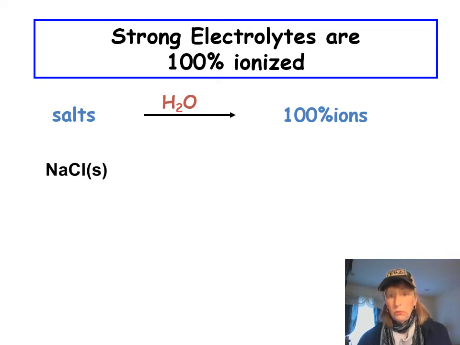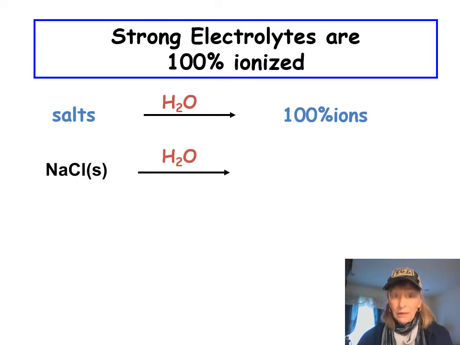For instance, let's go back to our go-to salt, sodium chloride. It is a solid ionic compound. It is a salt. It is a strong electrolyte, because when we take our sodium chloride and dissolve it in water, let's bring that water in there. This is how we showed that equation, remember, for the dissolution.